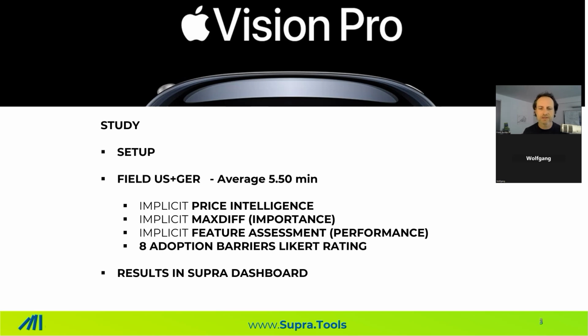As a third step, we do implicit feature assessment. So basically, we show the feature, high display resolution, and ask, okay, does the product have it? Is it good in it? Because beforehand, the respondent has read the product description, so he knows the product, and then he basically assesses whether it is good in that feature.